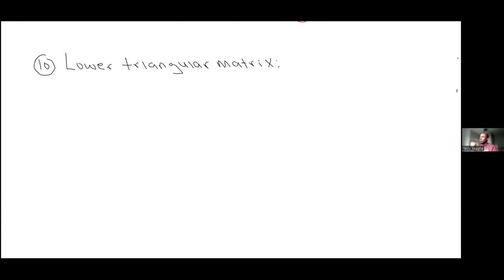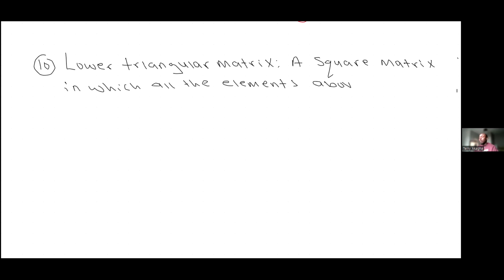It's a square matrix in which all the elements above the diagonal are 0, and this is known as the lower triangular matrix.